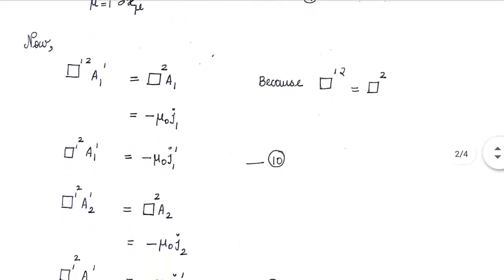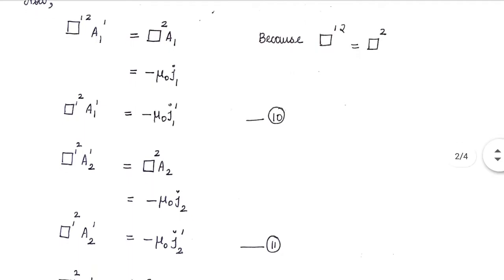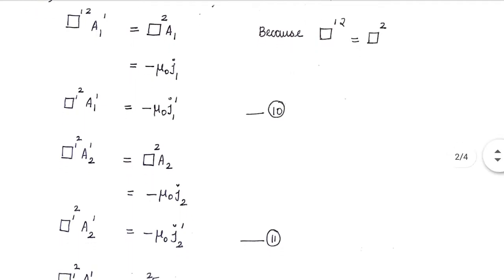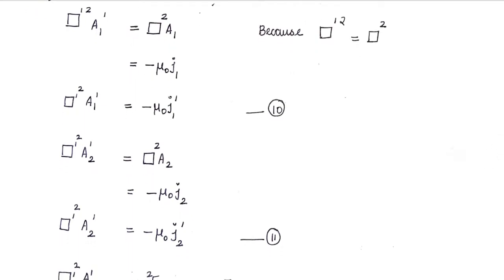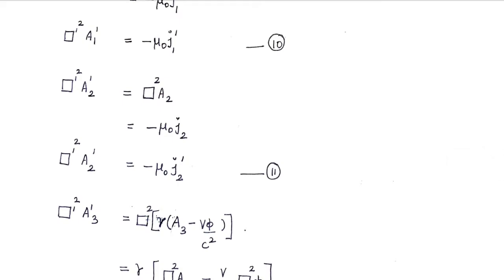In the same way, we can work this out for A2. Del prime square A2 prime is equal to del square A2. So del square A is equal to minus mu naught J, and here it is minus mu naught J2. So del prime square A2 prime is equal to minus mu naught J2 prime. Now let us quickly check the third equation.